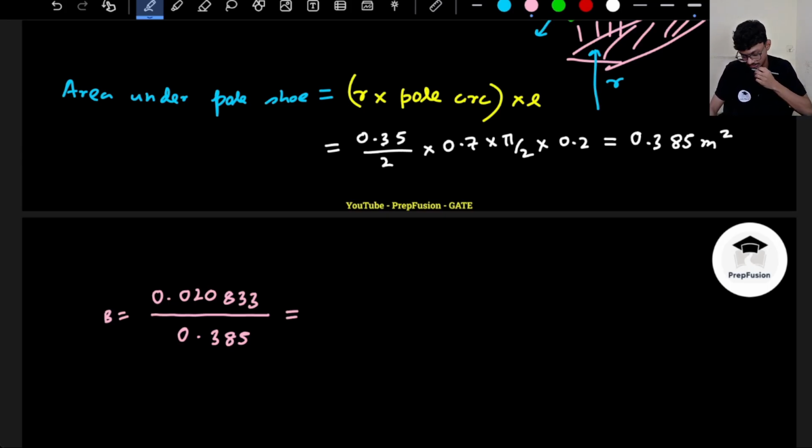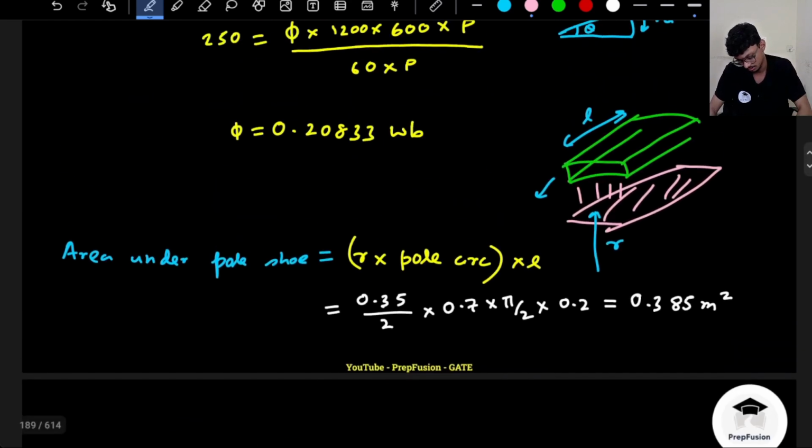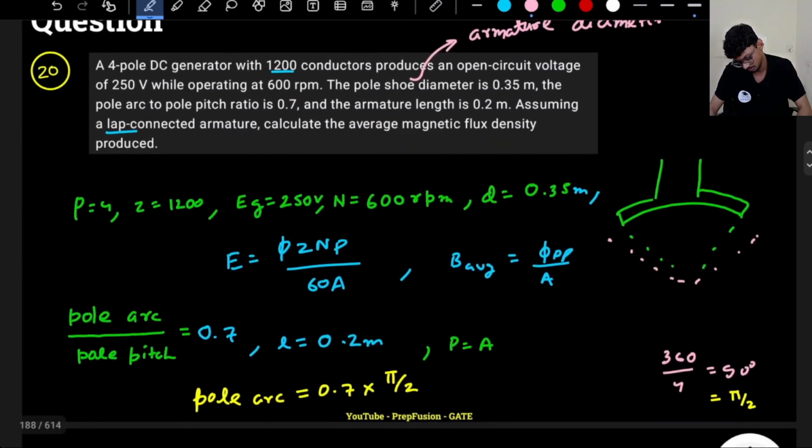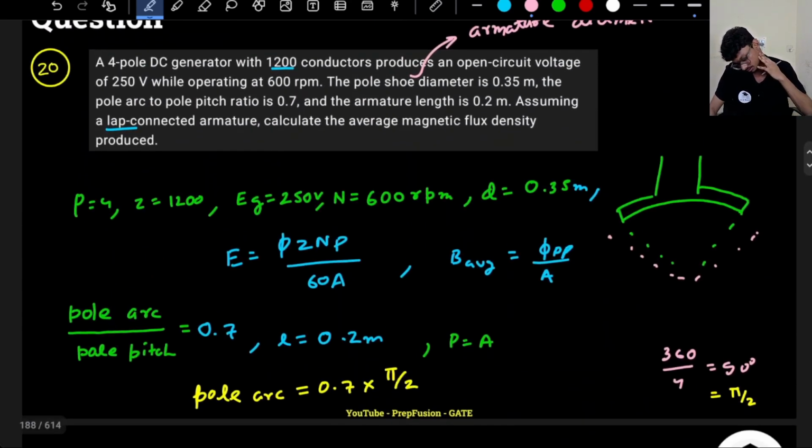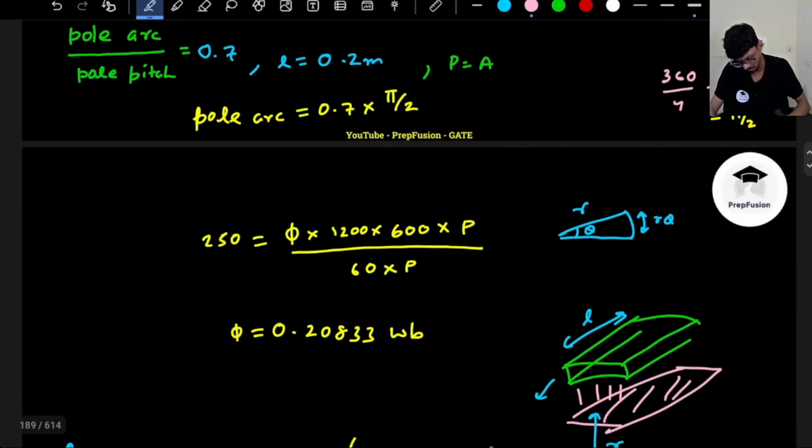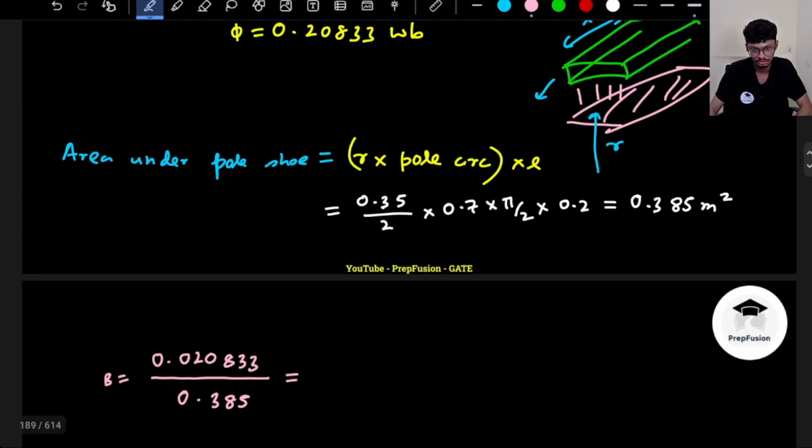I'm just seeing whether I'm making any mistakes or not. 600, okay, 250 is there, and number of conductors is there, 4 will get cancelled, 60. Let me just check this. No, it is correct.